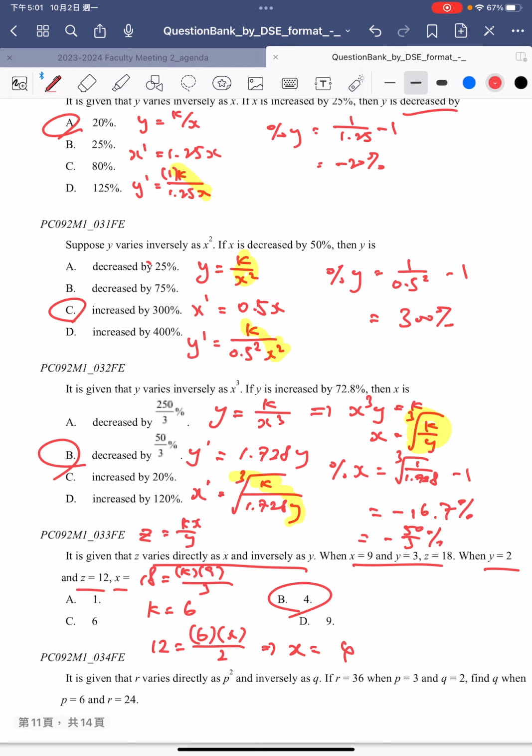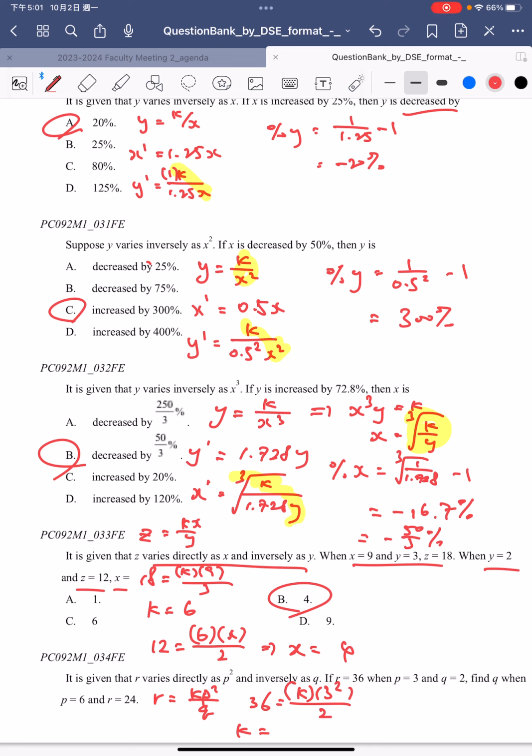So for question 34, we have, again, the joint variation. We have r is equal to kp squared divided by q, because r is directly proportional to p squared and inversely proportional to q. Then we substitute the whole thing into our equation. We have 36 as the r. We keep the k. p is 3, so 3 squared, divided by q, which is 2.